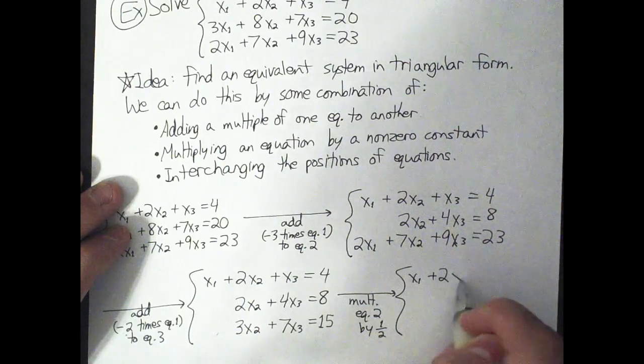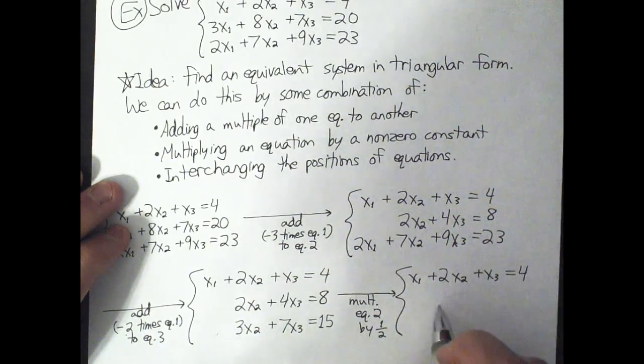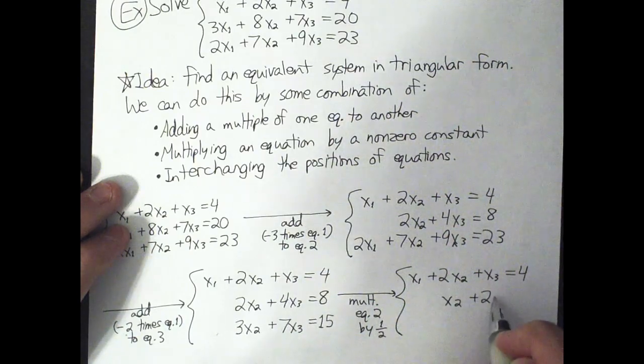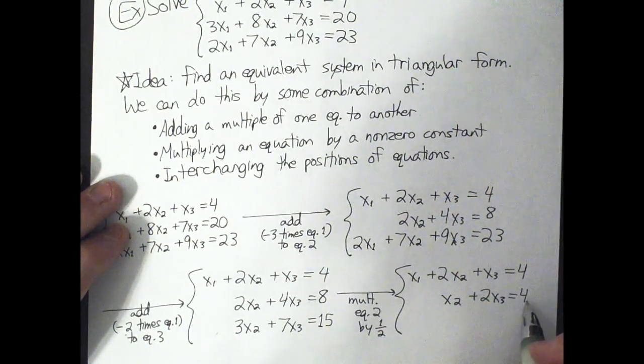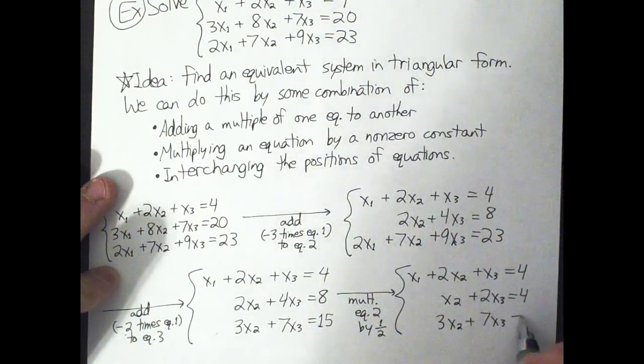Now, technically, I think you could say that this step is optional, but I think it's going to make equation 2 easier to work with. And we probably could have done it one step earlier. Okay.